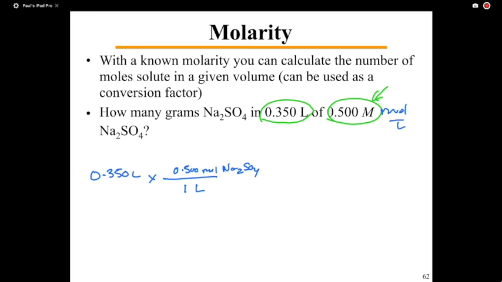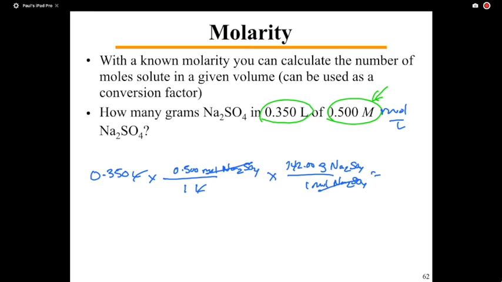Do I want moles? Is that what the question asked for? No. But can you change moles to grams? 1 mole of sodium sulfate is so many grams of sodium sulfate, and we learned that was 142.00 in our last problem.